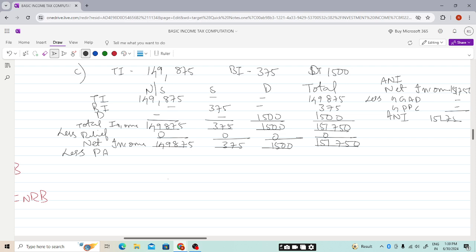As our ANI is more than 125,140, no personal allowance will be available. So our taxable income will be the same as our net income, because nothing is available: 151,750. This is our total taxable income.